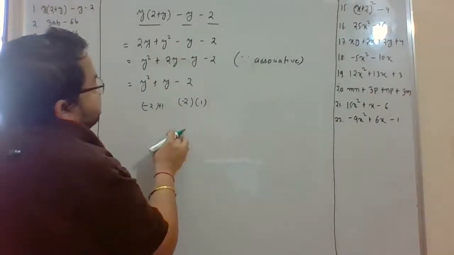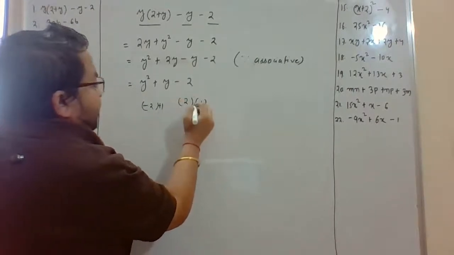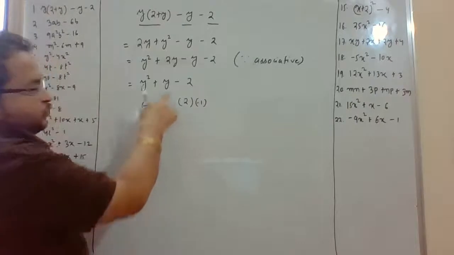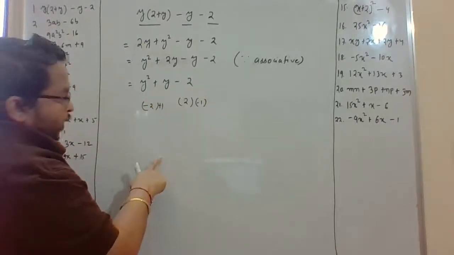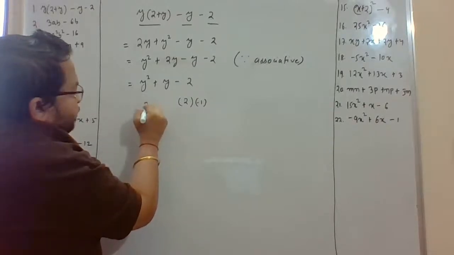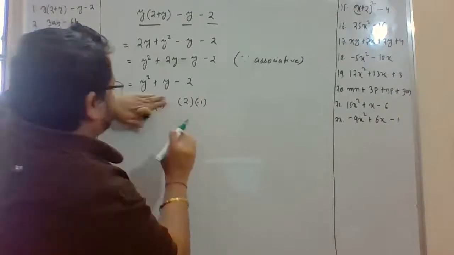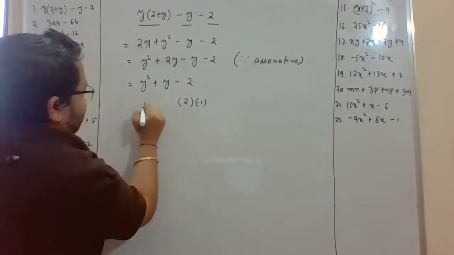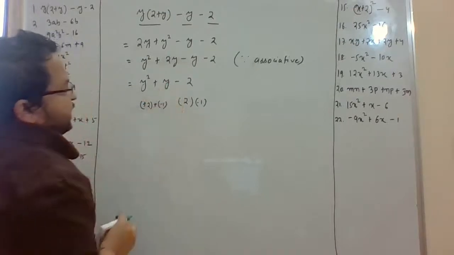Let us do it like this: if I put it as 2 into minus 1, I'll still get the product, and if I do plus 2 plus minus 1, I am getting the middle term.